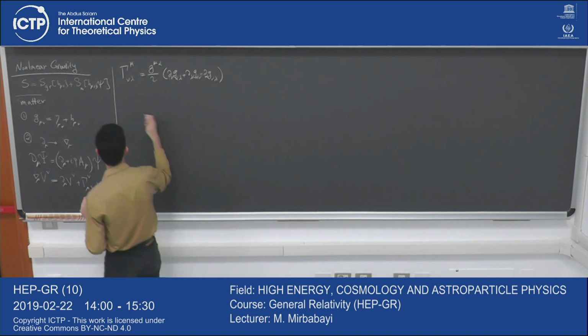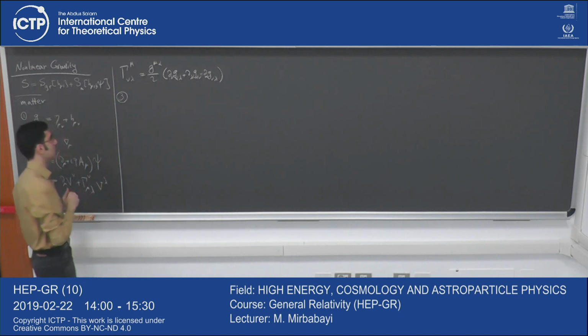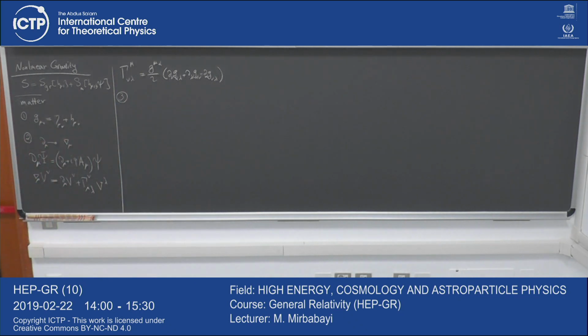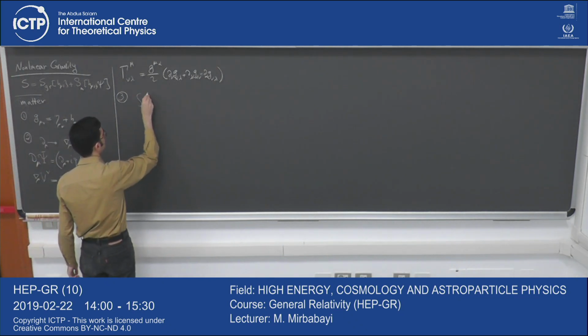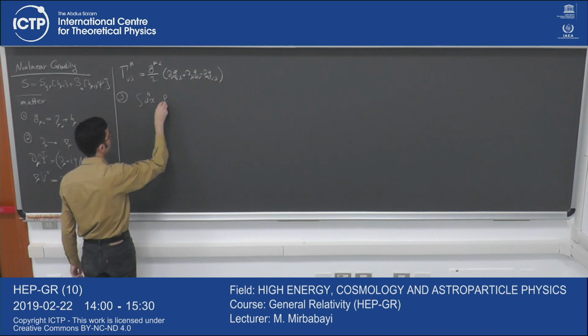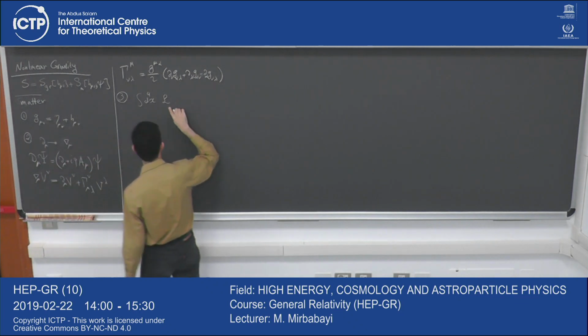And then there is a rule number 3 that we did not discuss, but we'll discuss now. And this is to replace the measure of the integration that we have in the action with the invariant measure. So usually we write d4x times some Lagrangian, where the Lagrangian is a scalar quantity.